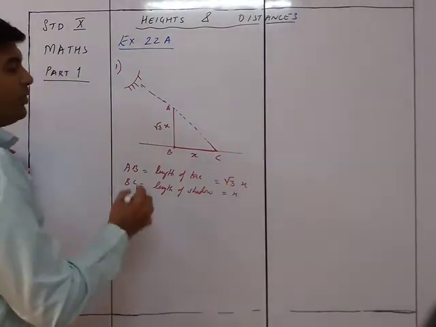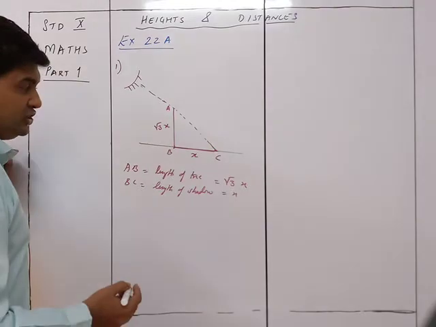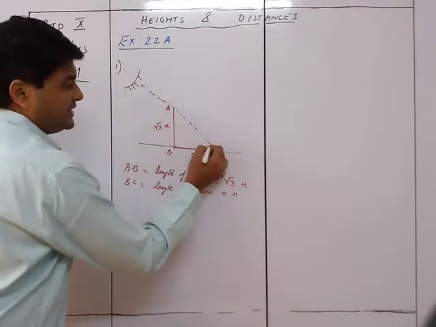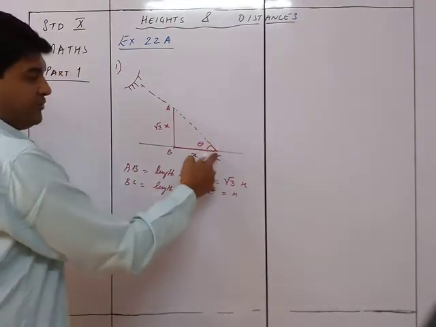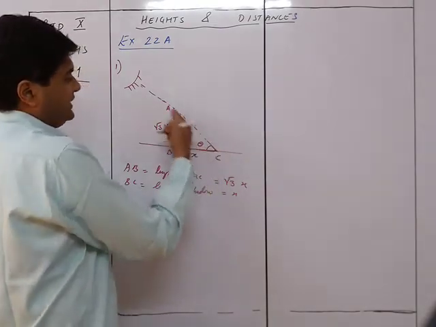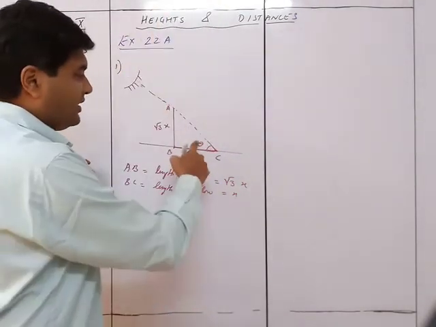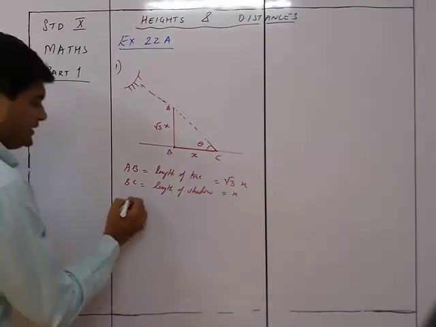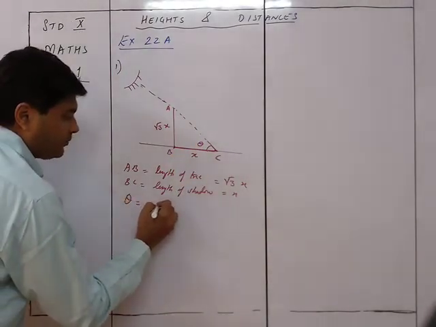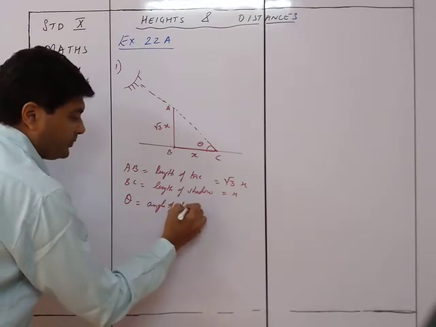Now we want to find out the angle of elevation of the sun. That means this angle is what we are talking about. If at this particular point I want to see the sun, what is the angle at which I will need to see the sun? That is the angle of elevation. So theta is the angle of elevation.